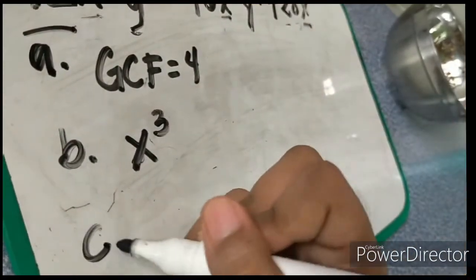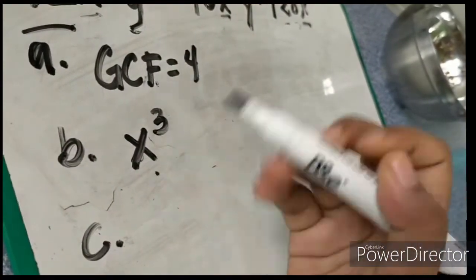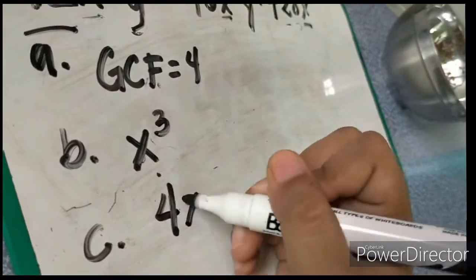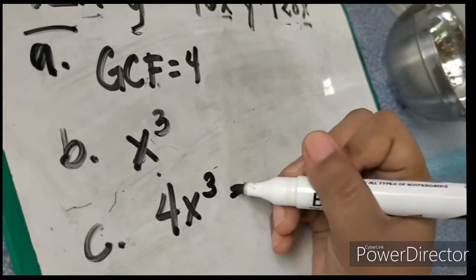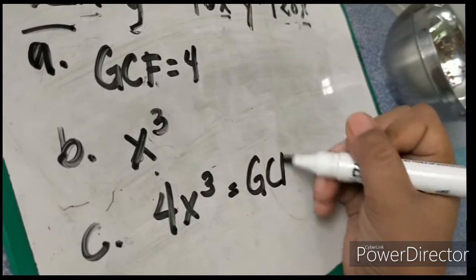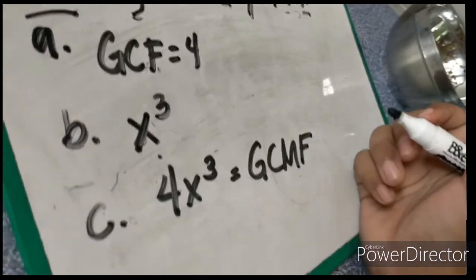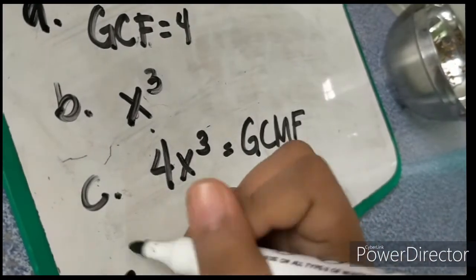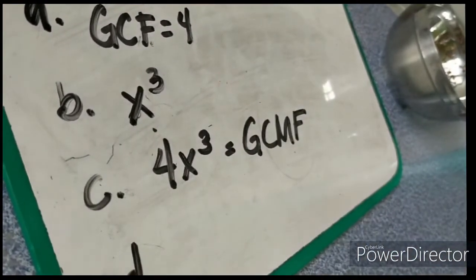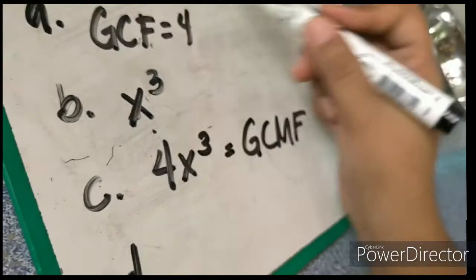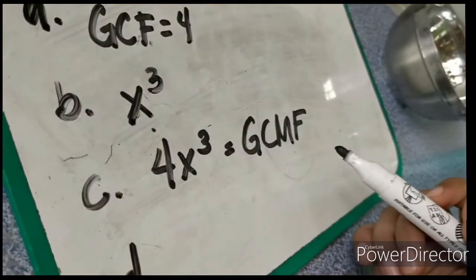Step C or step 3, combine the GCF and the x cubed. So, we have 4x cubed, and this will be our greatest common monomial factor. Bilis, di ba? And let's proceed to the last step, step D, to divide the polynomial by our GCMF.